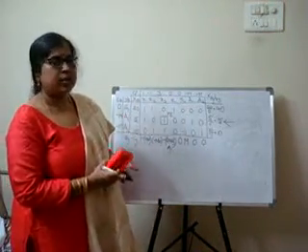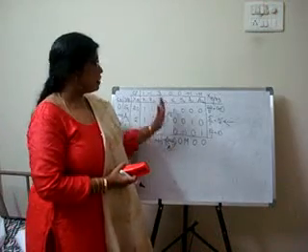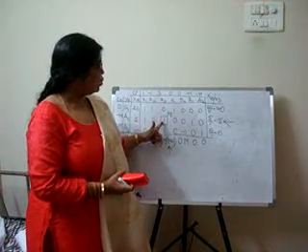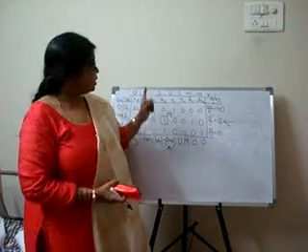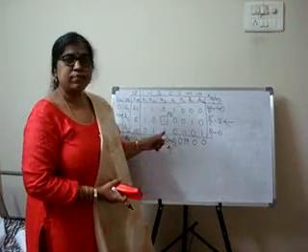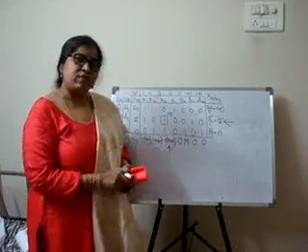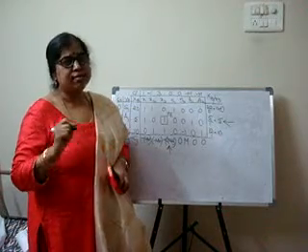Now what is the condition here? Whichever variable is entering, there we have a pivotal element. The pivotal element should be equal to 1 and the remaining elements in that column should become 0. That we will do with matrix transformation.